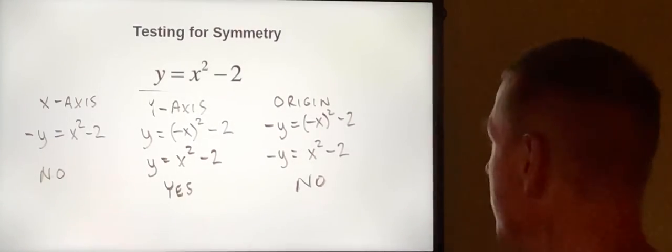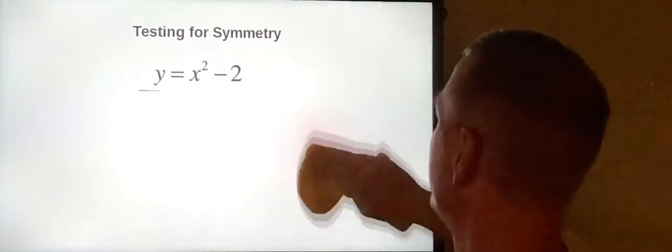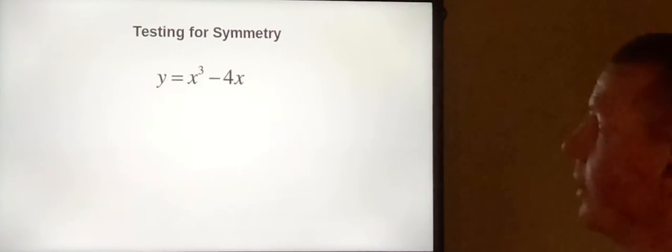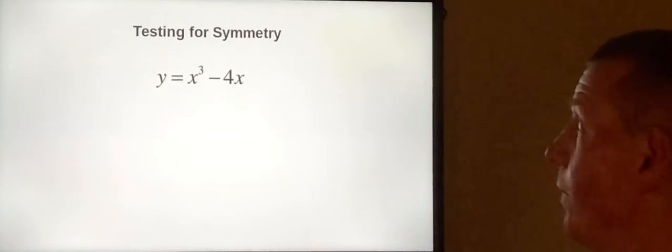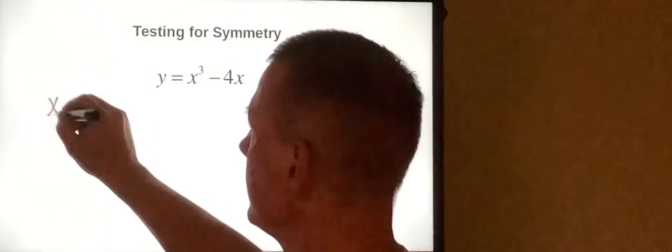Okay, let's do one more example, just to demonstrate again the situation. So let's say our new equation is y equals x to the third minus 4x. Again, let's start with the x-axis.